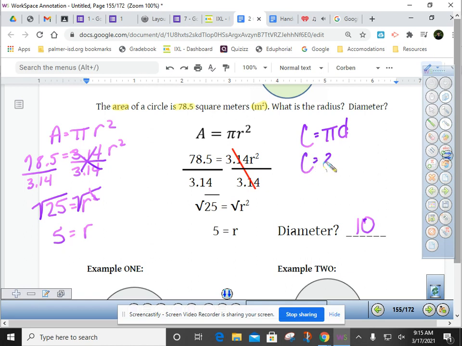So you would write down C equals 3.14 times 10. Do you see how we went from the area of 78.5, found the radius, found the diameter, and plugged the diameter in to find the circumference? So you just made a full circle there. Everybody with me? We're going there today.